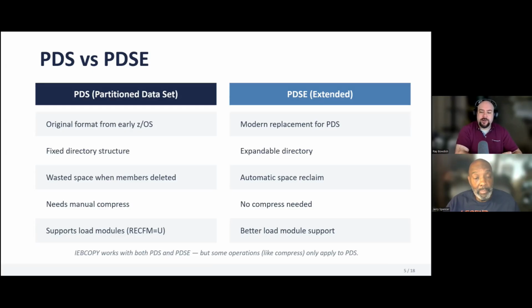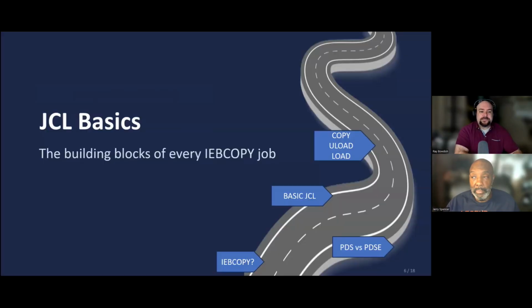And so compress in place is another function of IEBCOPY. Yeah, so those are the primary differences between PDS and PDSEs. You do have to allocate them slightly differently, but we'll get into that later. So the roadmap here we have with JCL basics, how to build a job for an IEBCOPY.